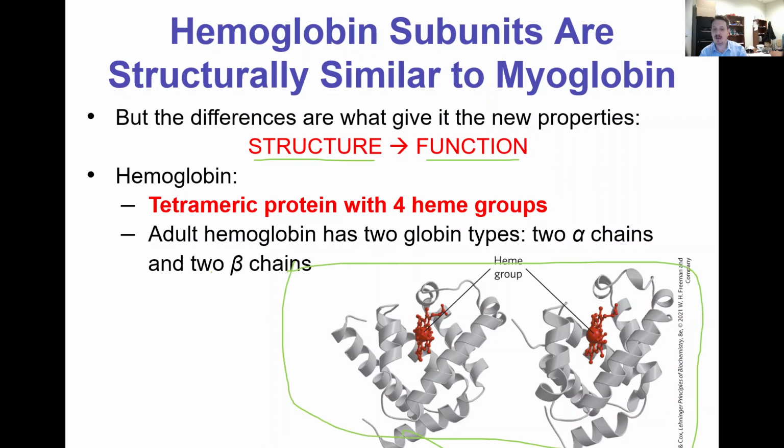The difference, though, remember, is that hemoglobin is tetrameric. It has 2 alpha chains and 2 beta chains that make up the tetrameric protein. Those alpha and beta chains are protomers, and each one carries 1 heme group, for a total of 4 heme groups.